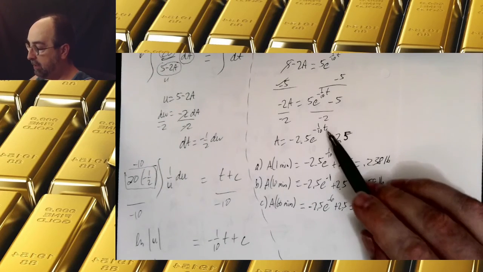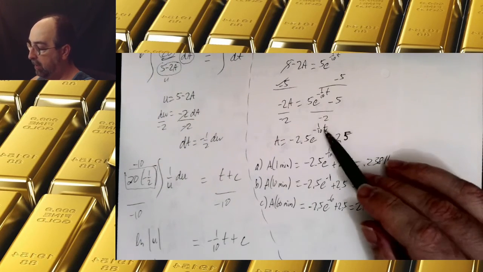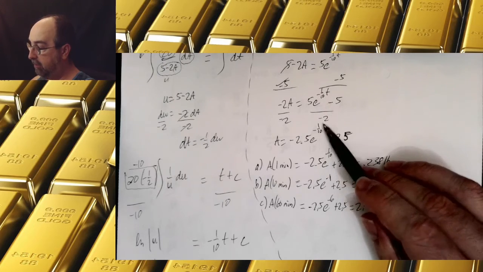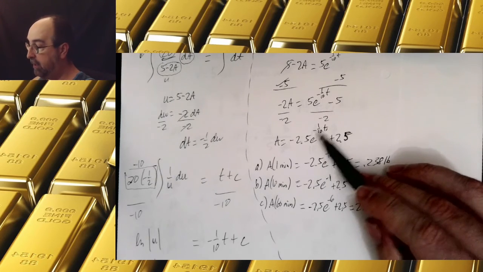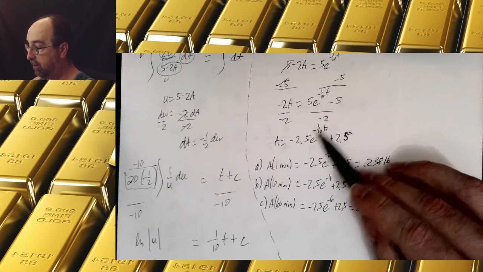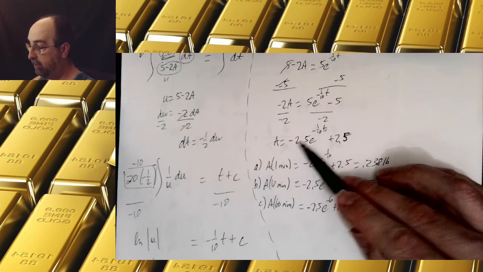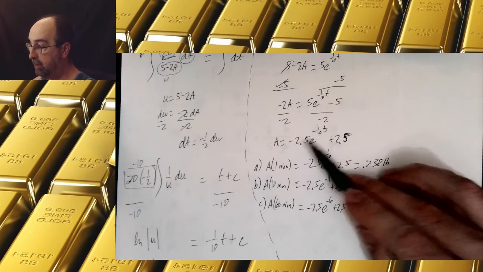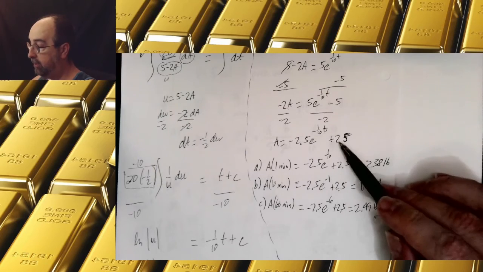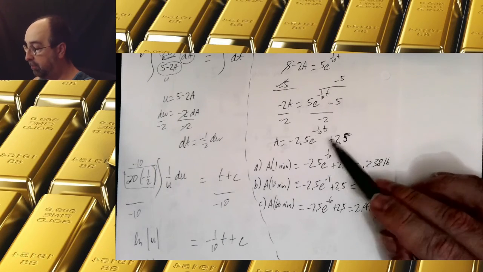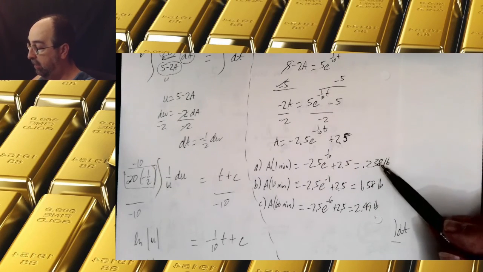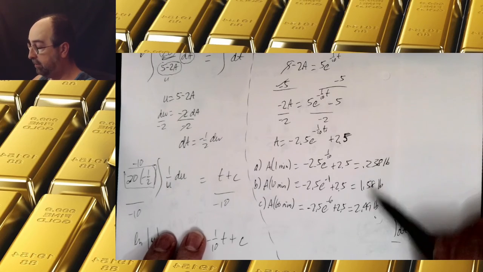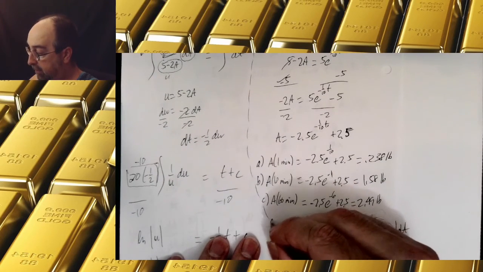What's going to happen is as t gets larger, you'll get large times negative is negative large, and e to the negative large is going towards 0. And -2.5 times 0 is going to head towards 0 here. So you're going to approach 0 plus 2.5. If you'll notice, these results are getting closer and closer to 2.5.